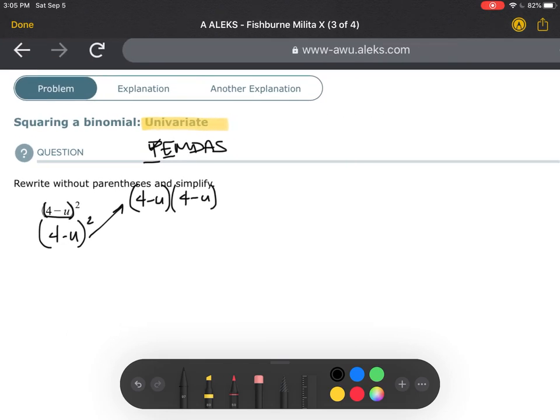Okay, now you should have encountered a thing called FOIL sometime before this. This is a way to make sure that you are correctly multiplying this out. So I'll just get into it.